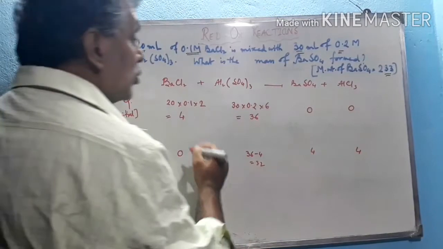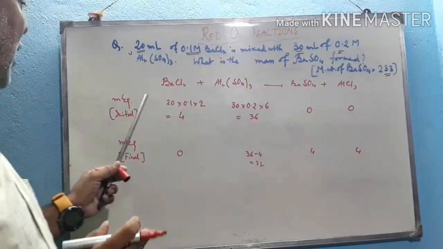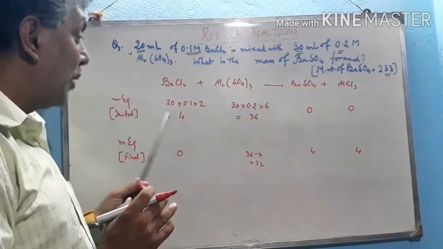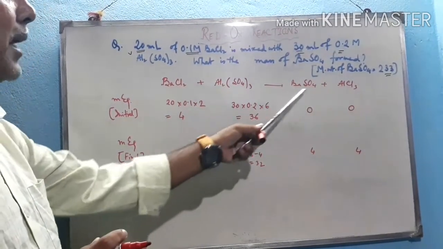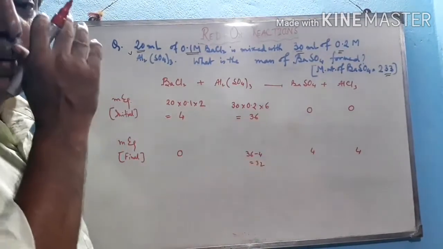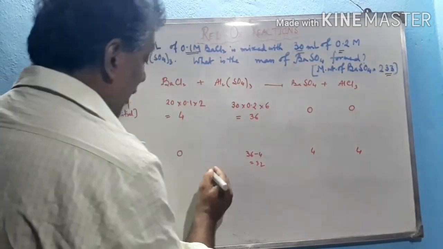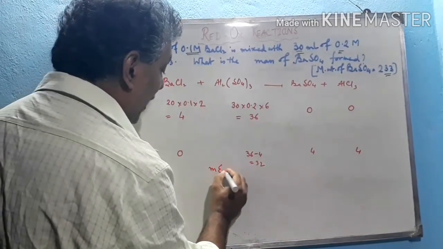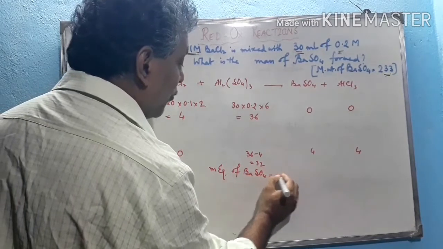That means without balancing this equation, only through the concept of milliequivalent, we can find out the milliequivalent of barium sulfate obtained or milliequivalent of aluminum chloride obtained. No need to balance this reaction. So therefore, milliequivalent of barium sulfate obtained is equal to 4.